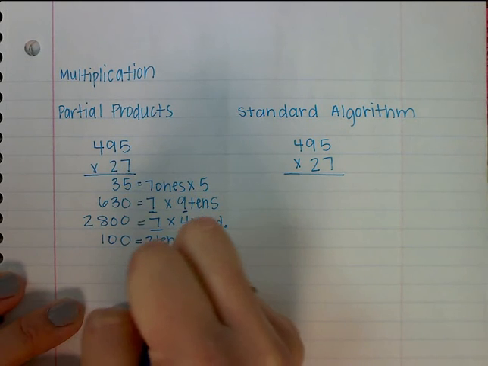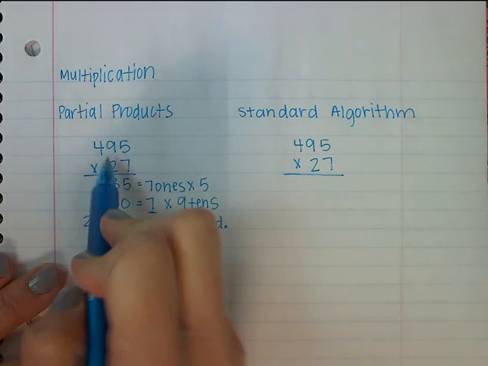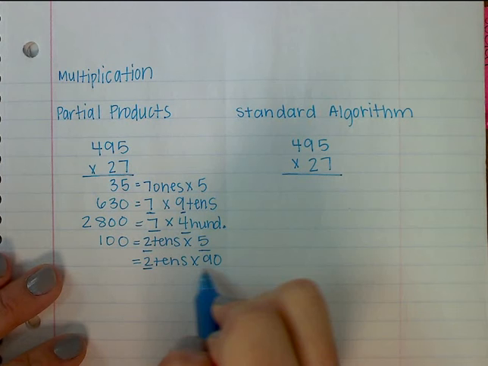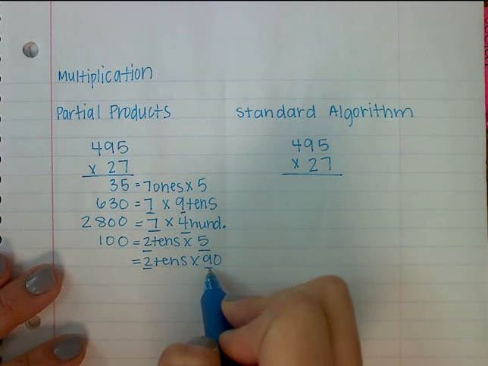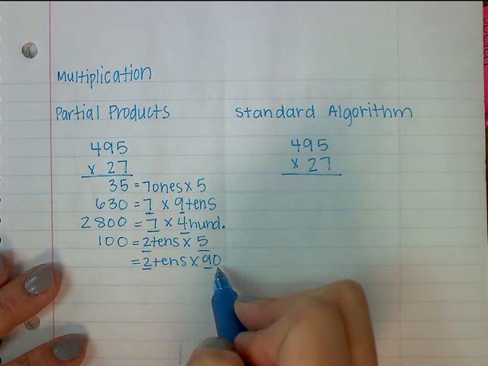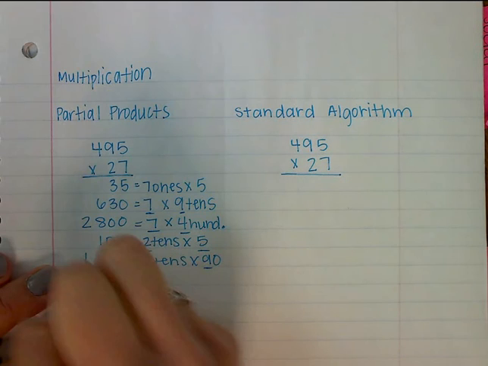And then we have 2 tens times this 90, or 9 tens. So 2 times 9 is 18, but that's a 90, not a 9, so it's 180, and that's 10, so it's going to be 1,800.